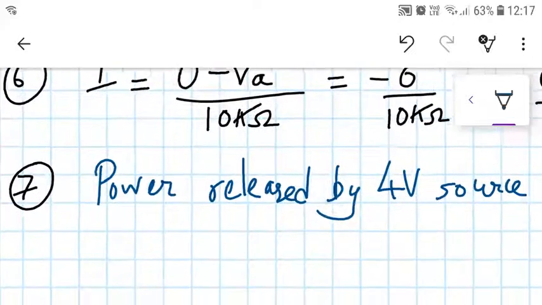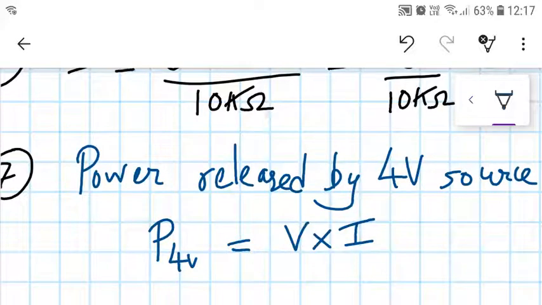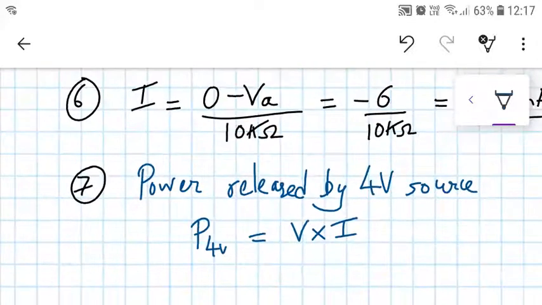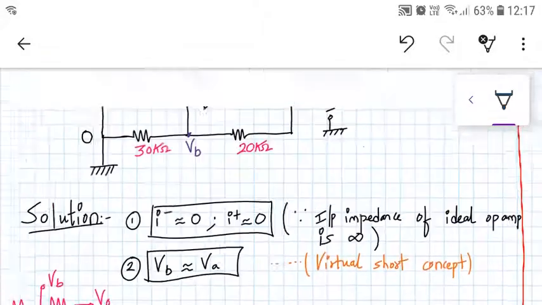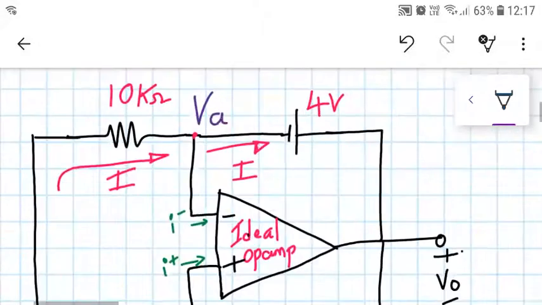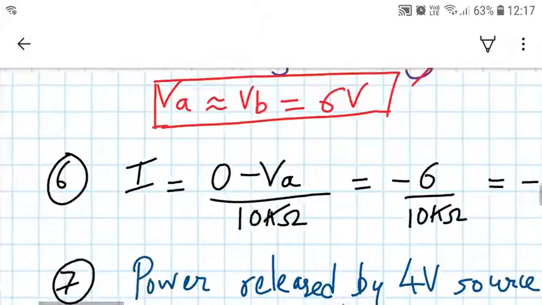So in the short form, we can write P 4 volts is equal to V into I. Okay. So here one point I want to make very clear, that this current I is the same current I which flows to the 10 kilo ohm resistor. Why? Because the current flowing into the ideal op-amp terminal is 0. So having clarified that point, let us proceed further.